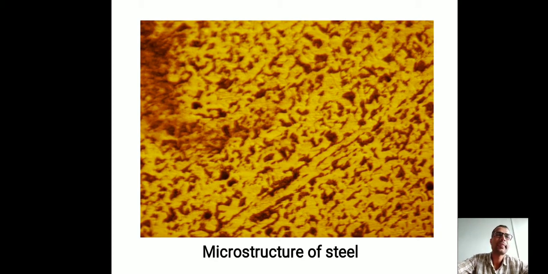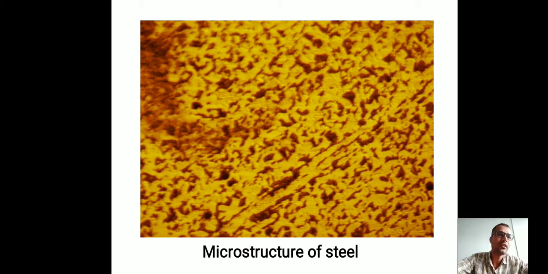Generally, related to steel, nital or picral, these are the two etchants used. So put 2-3 droplets of that etchant on the surface of the section after the polishing. Now our sample is ready for microscopic examination. Then what do I have to do now?